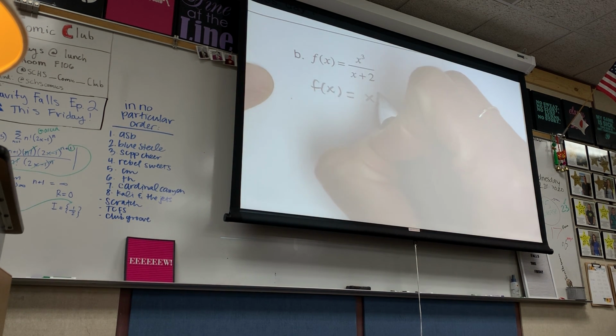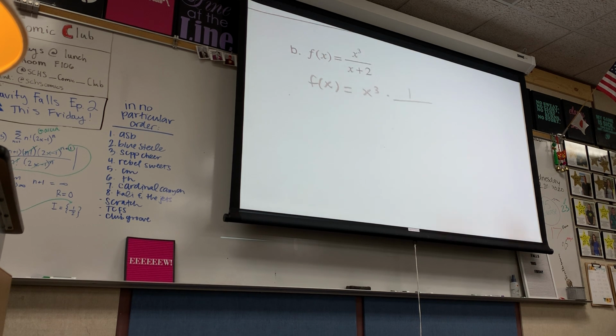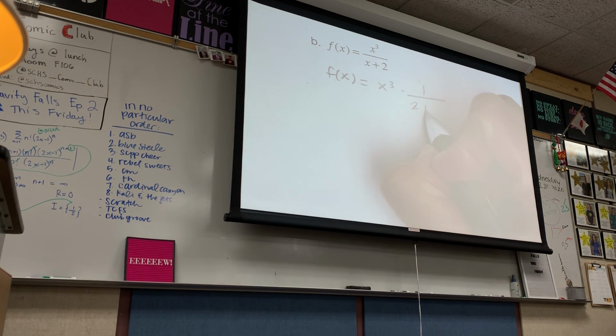Pull the numerator to the front, and then now you have the 1 on top. In the denominator, if you have x and a number, first I need you guys to flip them around so that it's the number and then the x term.